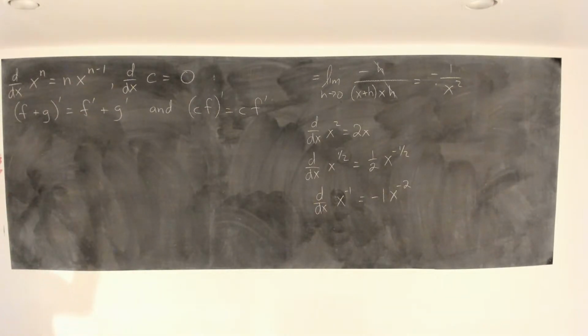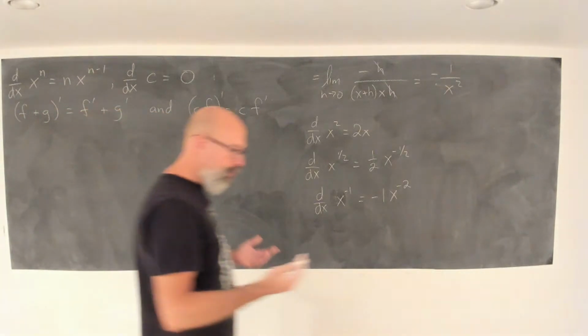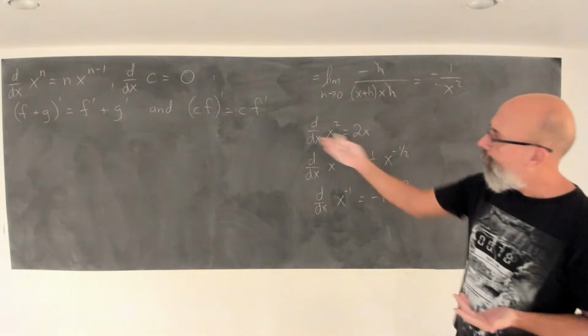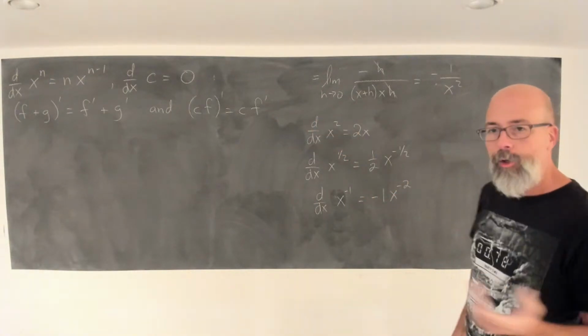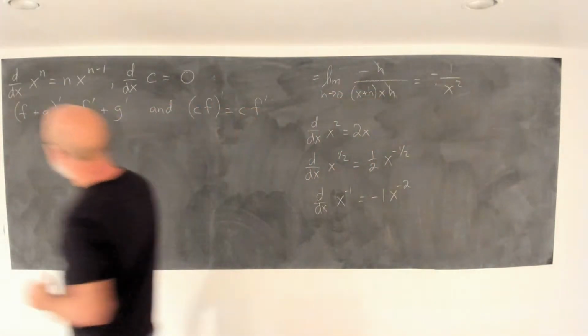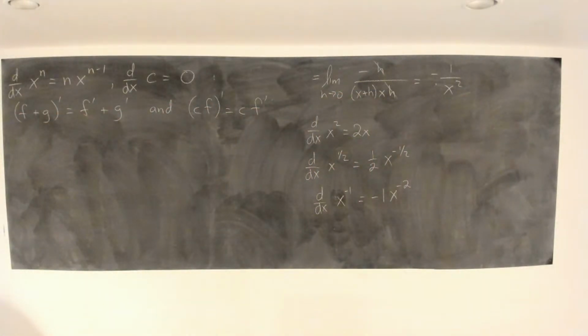So let's now use these 4 rules of differentiation, which can all be proven. In fact, we proved most of these using the definition, right? So let's use these 4 rules now to do some exercises.